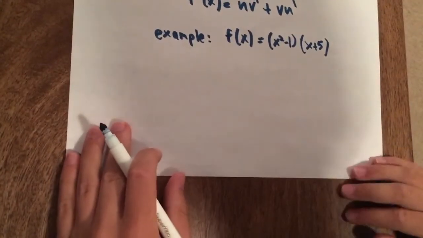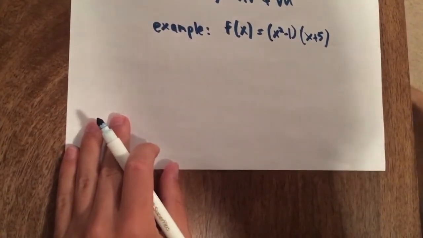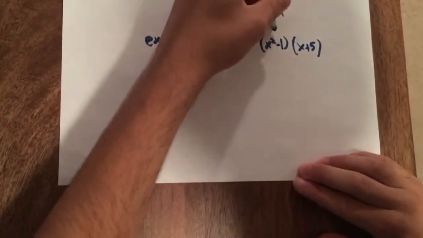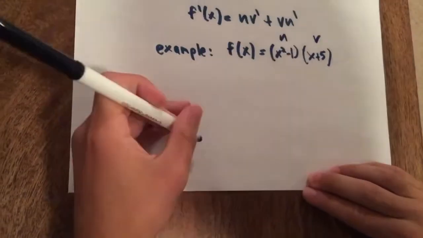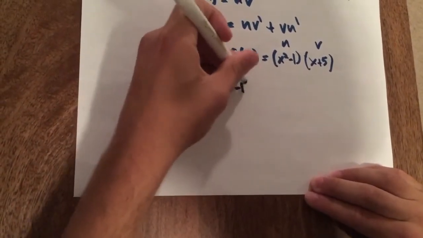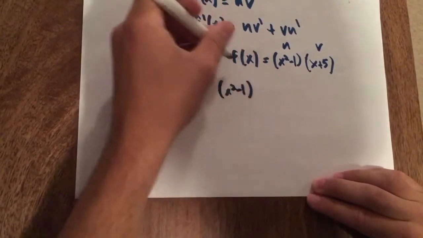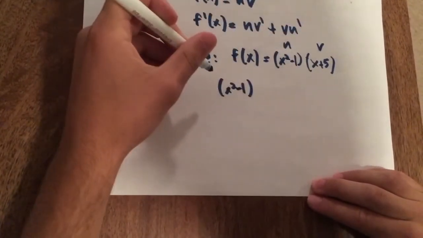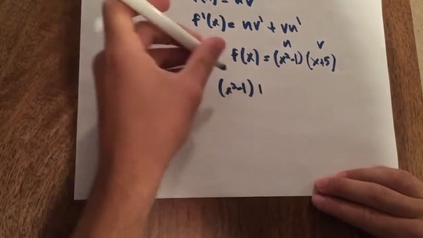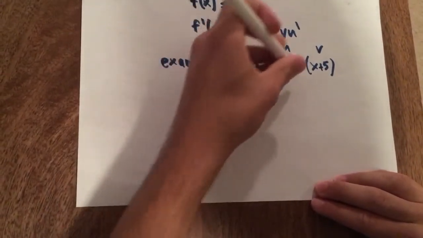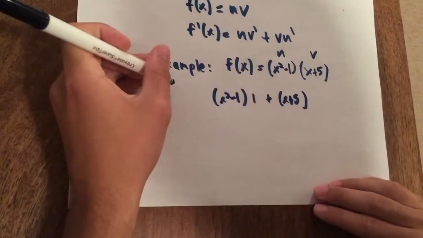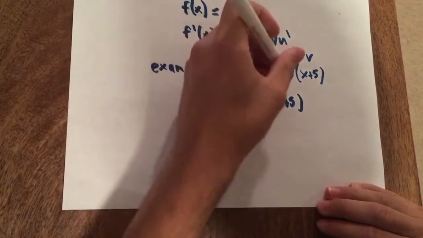So for example, if you have x squared minus 1 and x plus 5, what you're going to have to do is, this is the u and this is the v. So you take the u, which is x squared minus 1, and then you multiply it by the derivative of x plus 5, which in this case is just going to be 1, and then you add v, so the x plus 5, by the derivative of u, which is just going to be 2x.